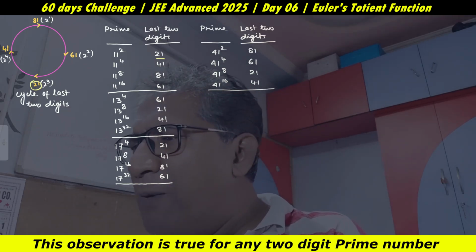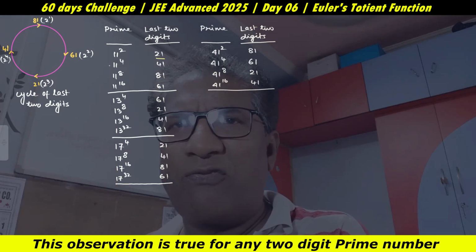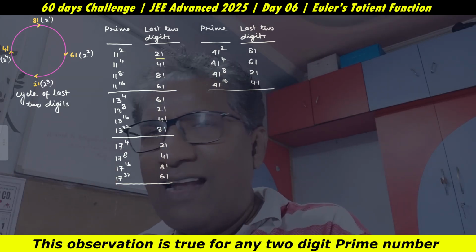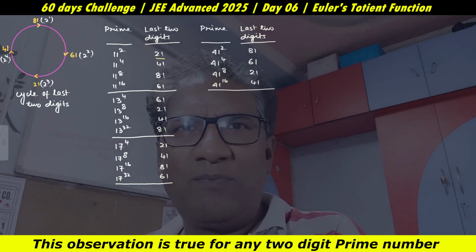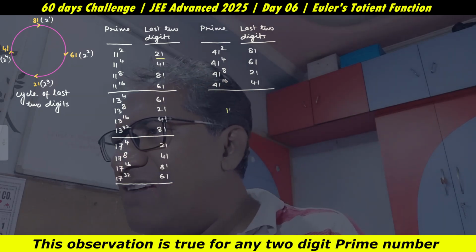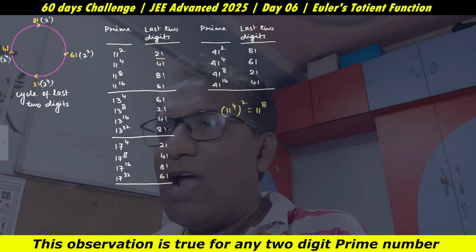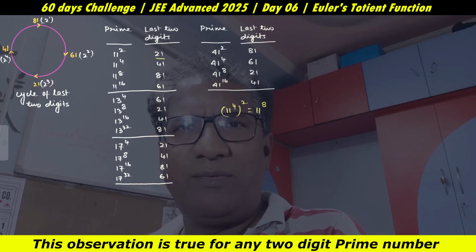Now simply you raise its power to 2. That is 11 to the power 4. The last 2 digits will be 41. Now again you raise its power to 2. That is 11 to the power 4, then whole square. So it gives us 11 to the power 8. Now the last 2 digits will be 81.